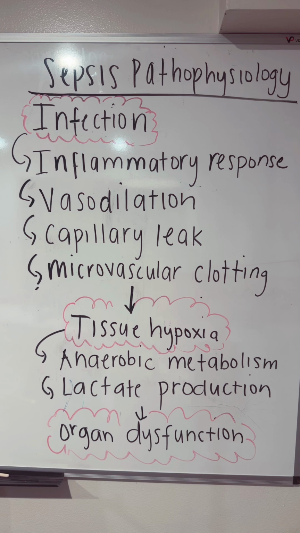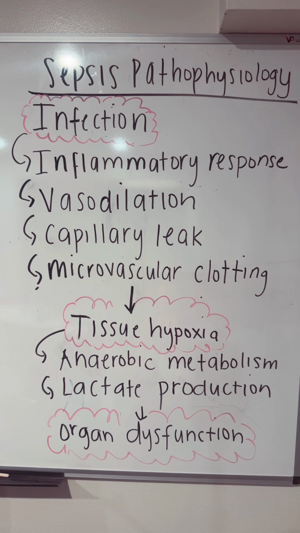And so you'll see when patients have sepsis, lactate levels will rise. And elevated lactate is one of the most important indicators of poor tissue perfusion. And I'll say it again, an elevated lactate is one of the most important indicators of poor tissue perfusion.